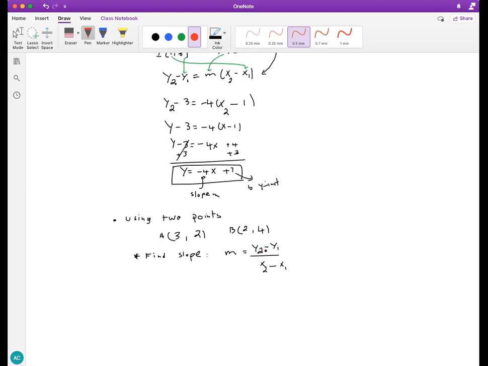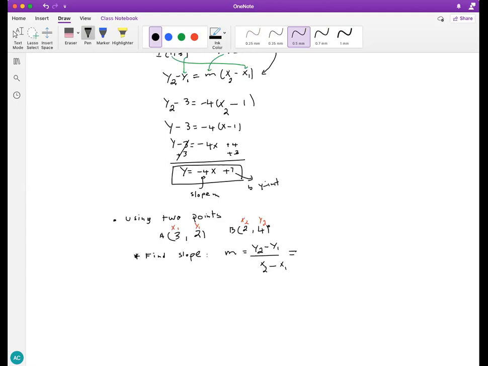To do that, we first need to label these points. That's the first point, let's call this x1, y1. That's the second point, we're going to call it x2 and y2. There's 4 values here, so once we plug those in, we should have our slope.